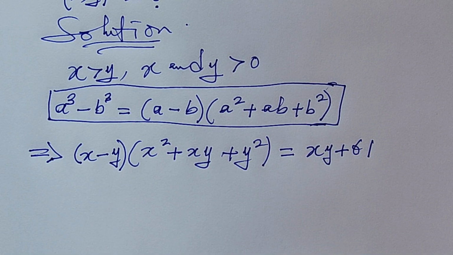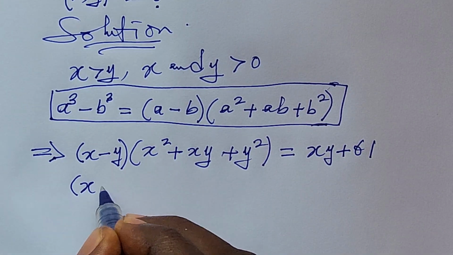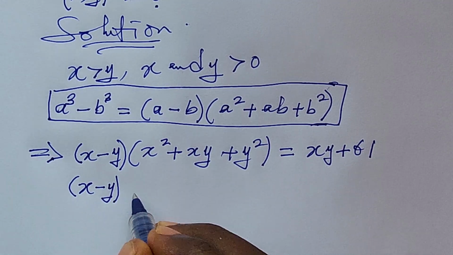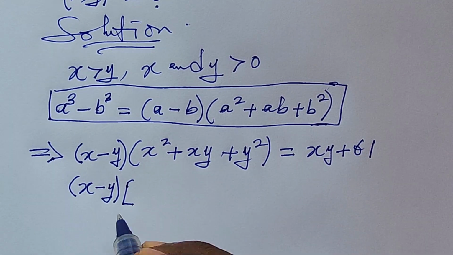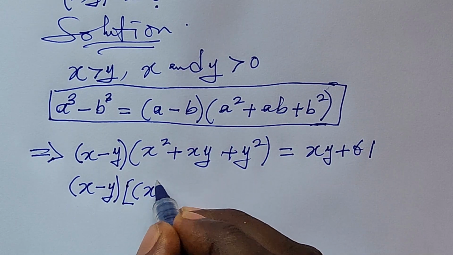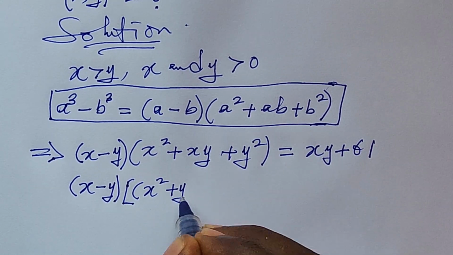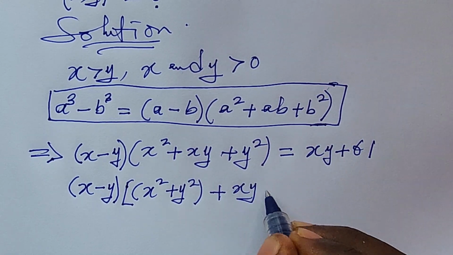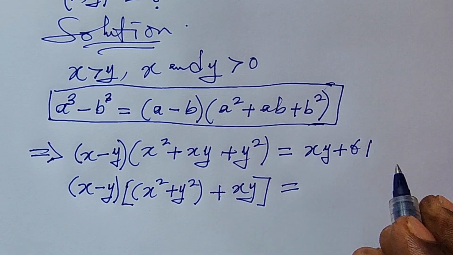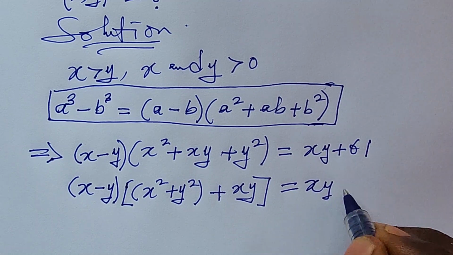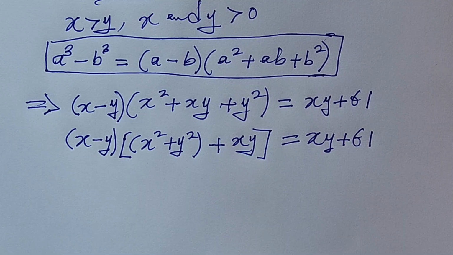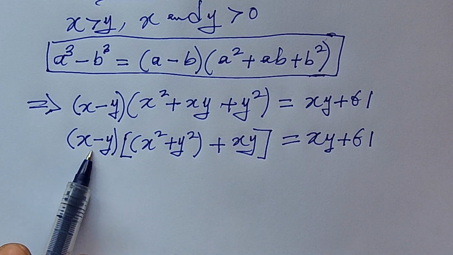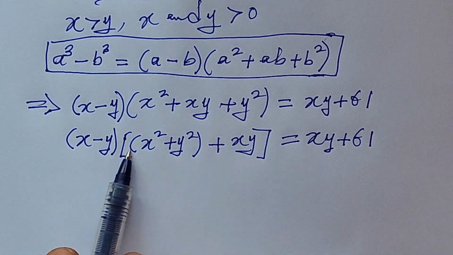If you check this, we can add this and this together. So if we bring that together, we're going to come up with (x minus y), in fact let's use the square bracket, [(x squared plus y squared) plus xy], everything equal to xy plus 61. I want to use this entity here to open up this square bracket.